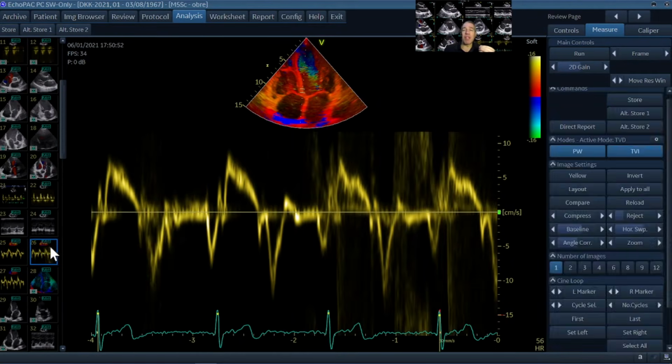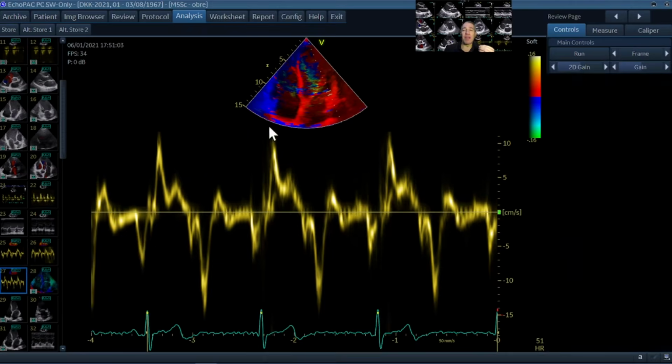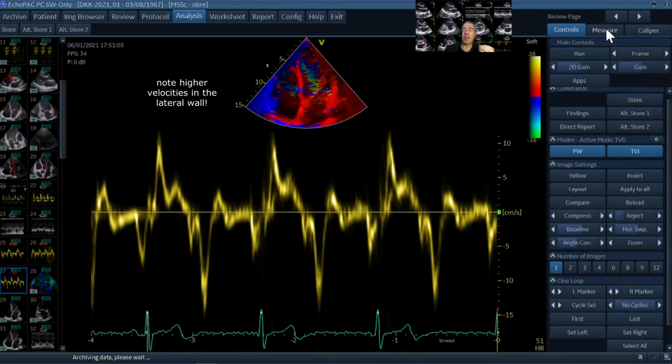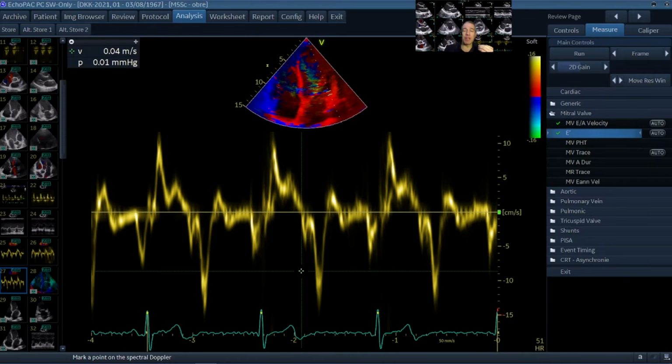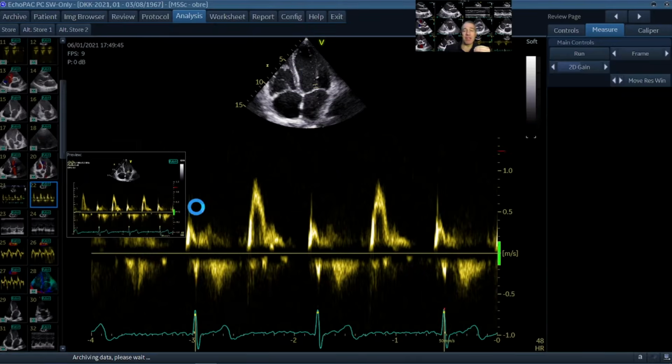We can do the same measurement on the lateral level. So I do another measurement here now. I hope it shows up on the lateral value. Now it gives me only the E prime as 0.11. It doesn't give me the calculation because I did this already in the last one. But again, you can calculate the E to E prime for the lateral wall. Well, let's do it briefly.